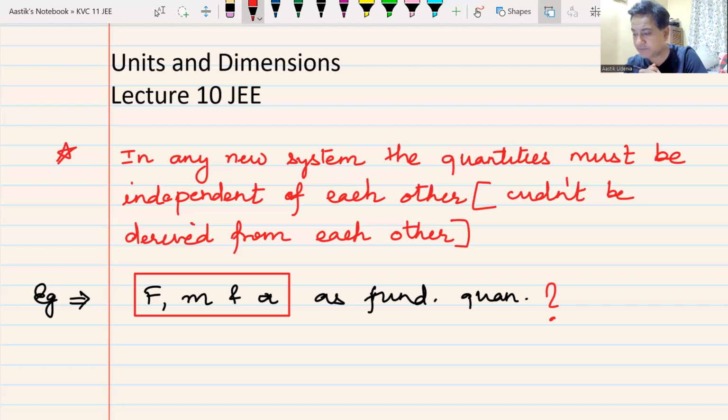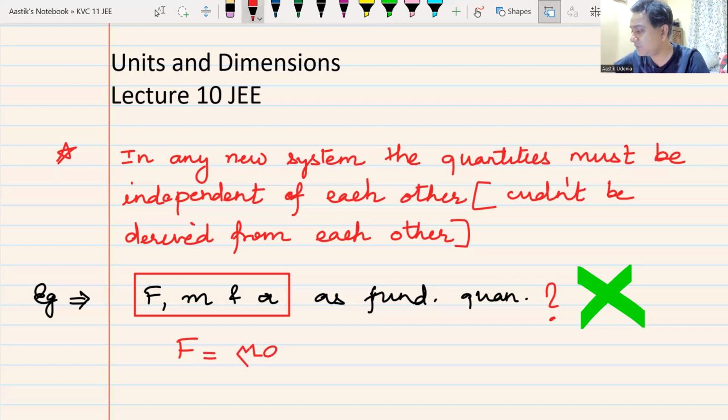No one knows the answer? Yes, sir. No, we can't have a system where we have F, M, and A as the fundamental quantities because these are not independent. Why are they not independent? F can be derived by multiplying mass with acceleration.